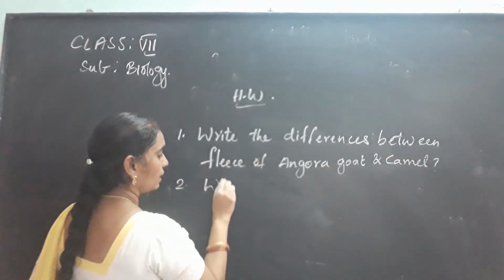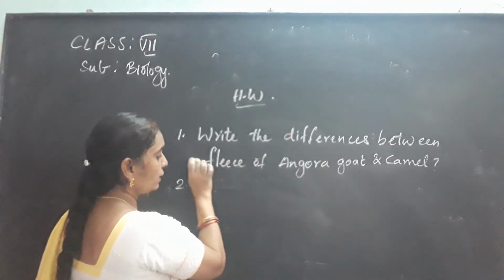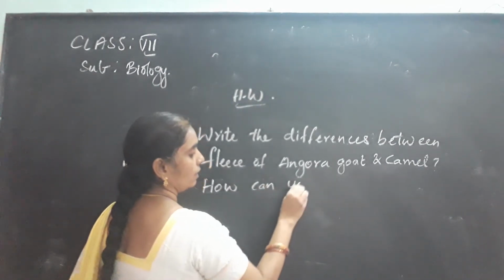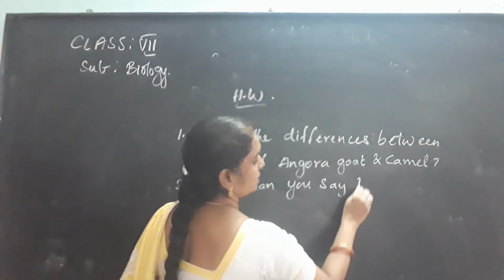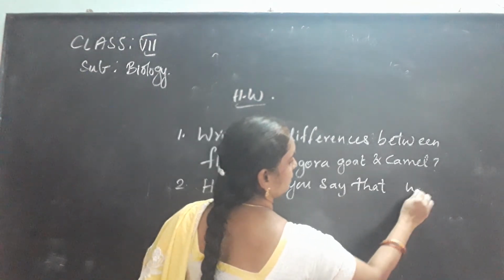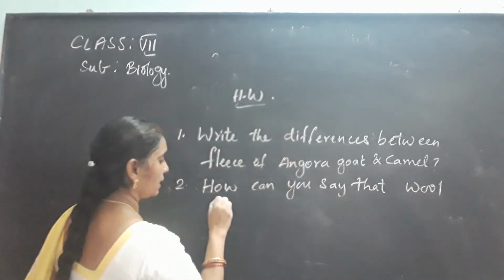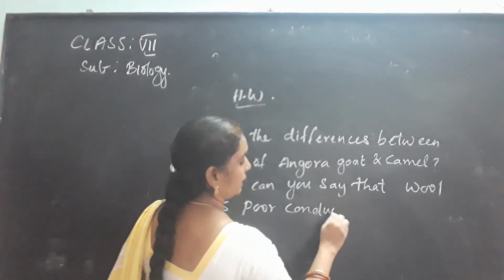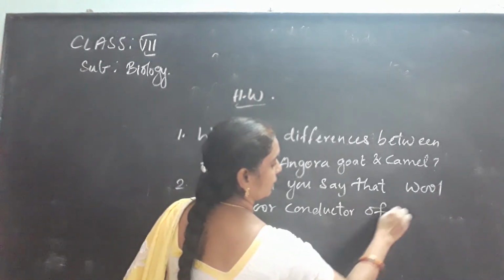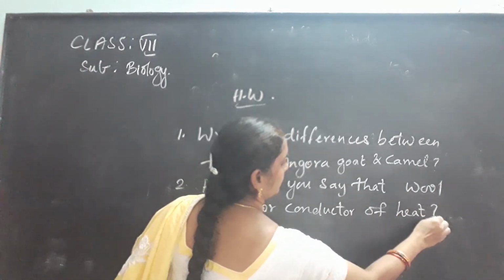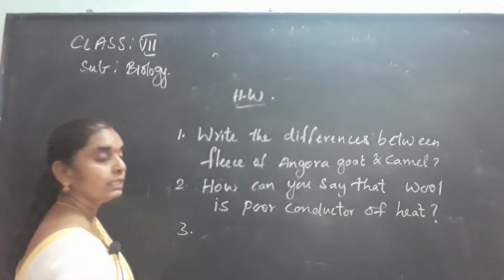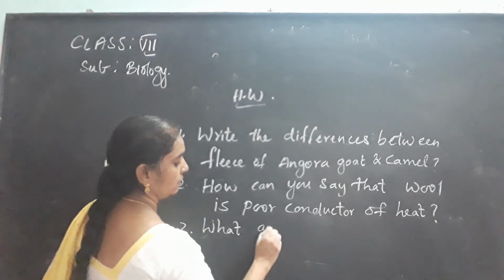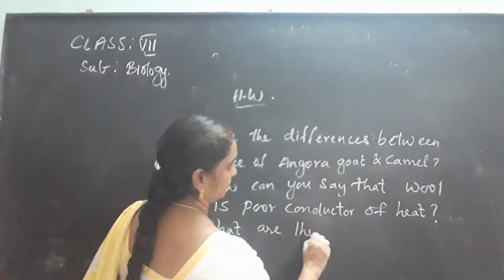Secondly, how can you say that wool is a poor conductor of heat? Third question: what are the differences between weaving and knitting?